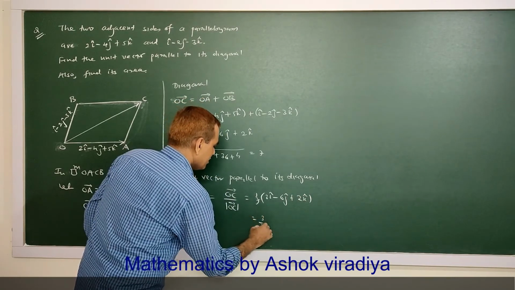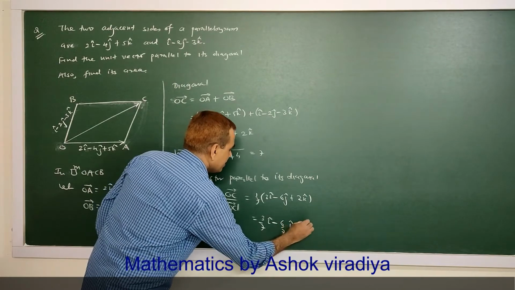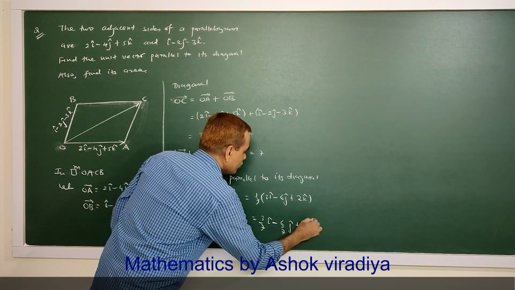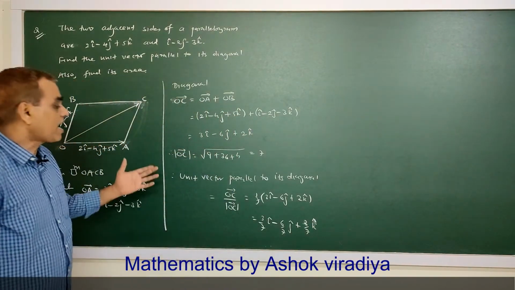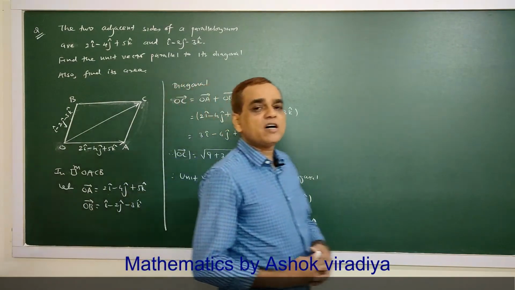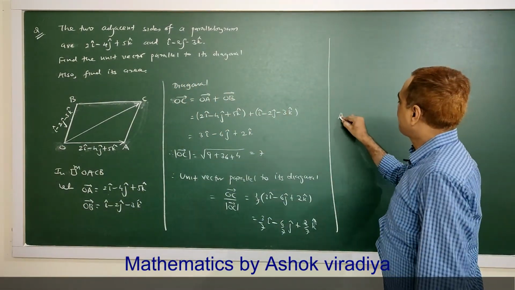So this is 3 by 7 times I minus 6 by 7 times J plus 2 by 7 times K. So this is the unit vector parallel to the diagonal. Now we want the area of this parallelogram. Area of parallelogram.